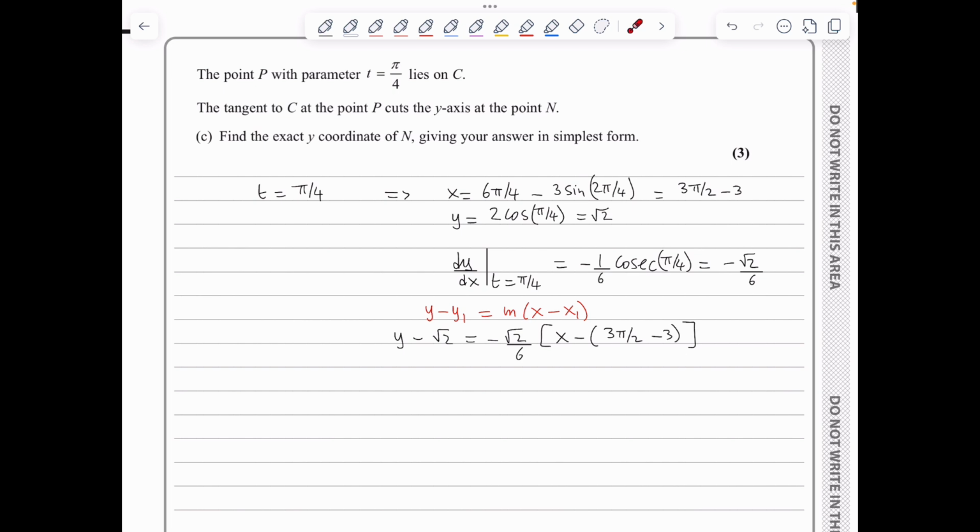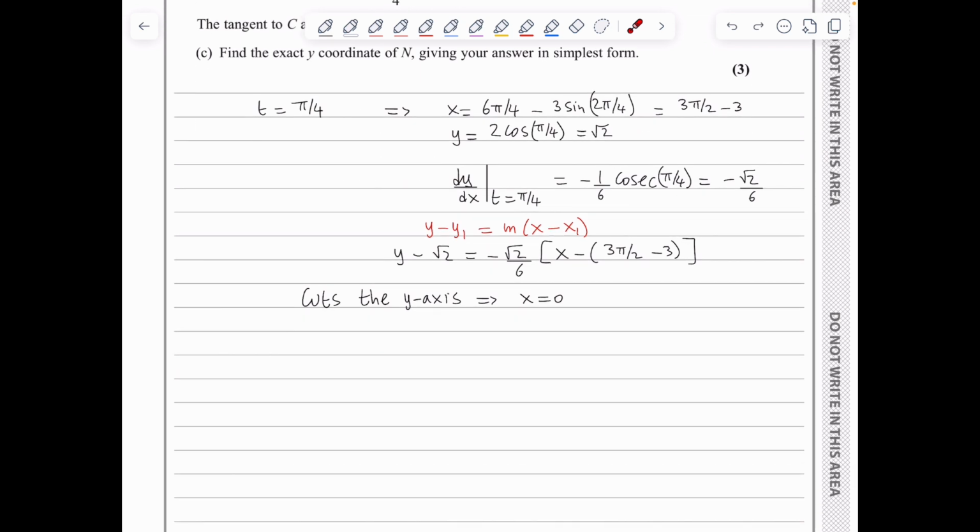And since we've been told that the tangent cuts the y-axis at the point N, we know that if we are cutting the y-axis, this means that x is 0. So I will substitute x is 0 here, leading to y minus root 2 is equal to minus root 2 over 6, and if we put x to be 0, I'm simply left with minus 3 pi over 2 plus 3 within the bracket.